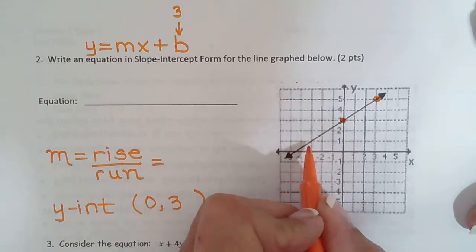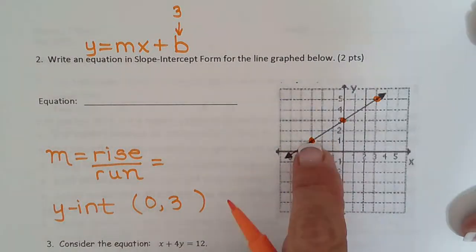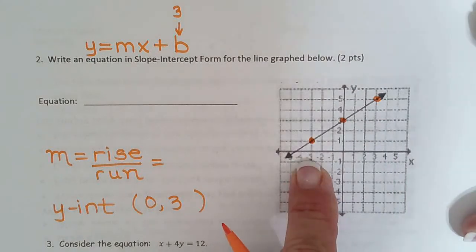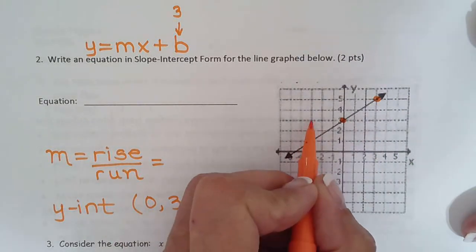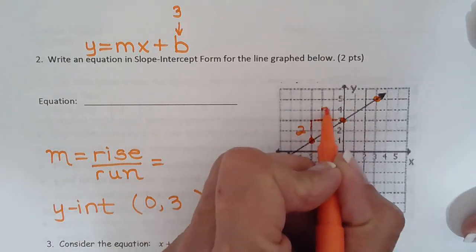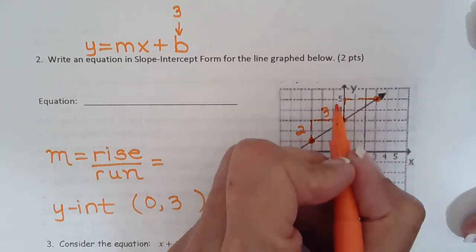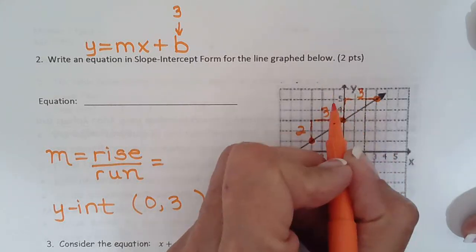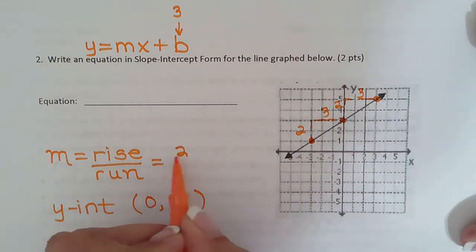And so when you find points that are exactly on the vertices, then you can start counting from left to right. Rise 2, run 3. And so we can see the rise is 2, the run is 3.